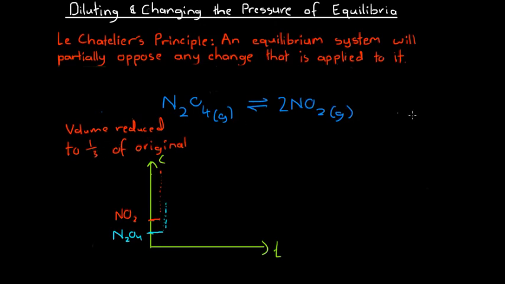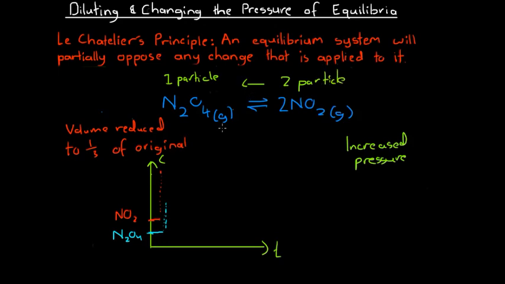Now, because we've decreased the volume, we have increased pressure, and so the system of gases counters this increase in pressure by undergoing a net back reaction, producing one particle and using up two particles. So a net back reaction here is reducing the number of particles and therefore reducing the pressure. That means a net back reaction will mean a drop in the concentration of NO2.